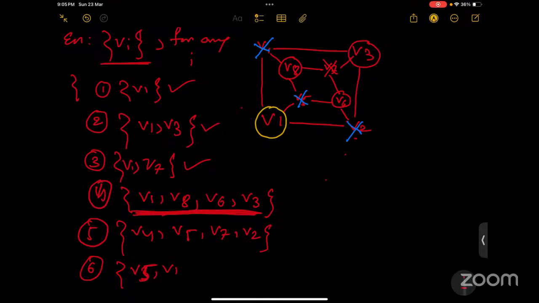Then we have to exclude V1, V8 and V6. So V3 can be taken, and V2. But we cannot take V3 and V4 together because V3 is connected to V4, and V7 and V2 are also connected to V3. So this is another independent set. Is it fine?